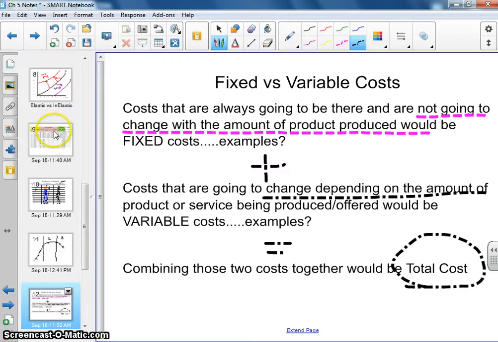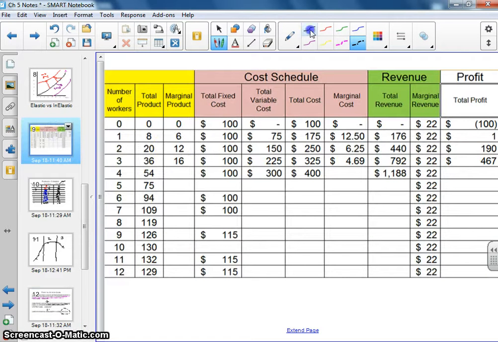In the examples here on our grid, we're going to make just simple examples. Obviously, it is more complex than this, but as far as our fixed costs, we're just going to call that lights. The lights are going to be turned on. The bill isn't going to change. We look at our variable costs, and we're going to call that our hourly workers.